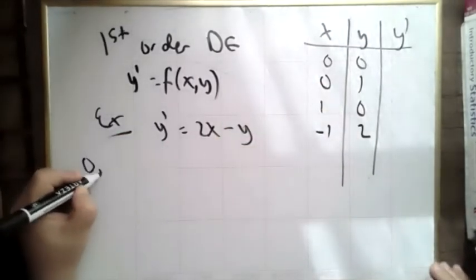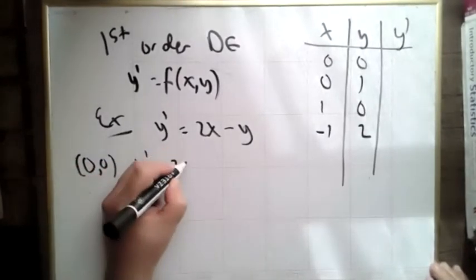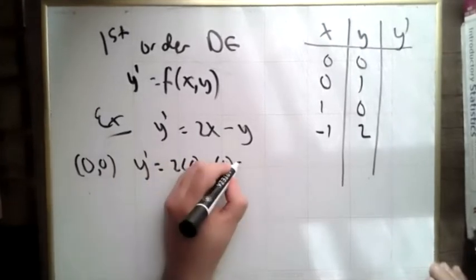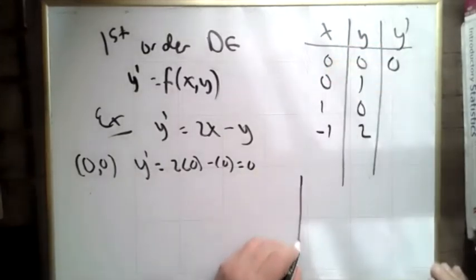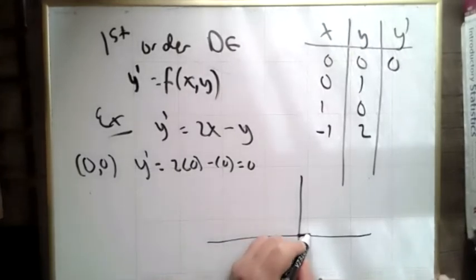Okay, so at 0, 0, y prime would be 2 times 0. I'm literally going to write it all out, even though it's obvious. Y prime would be 0. So at the point 0, 0, I'm going to graph a unit vector of slope 0.